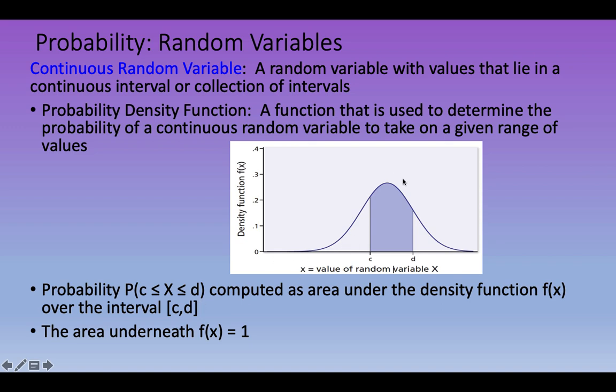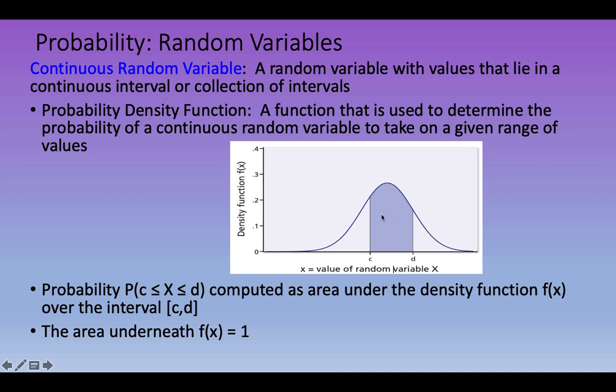And if I think about the entire curve, the entire area under this, because all probabilities have to add up to 1, I know that all the area underneath this curve is equal to 1. Does this look like anything you remember from calculus? This is integration. This is how you would generate the area under the curve. We don't always think about statistics being tied to calculus, but it is.